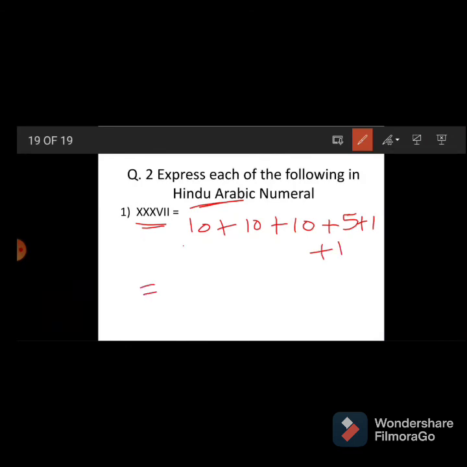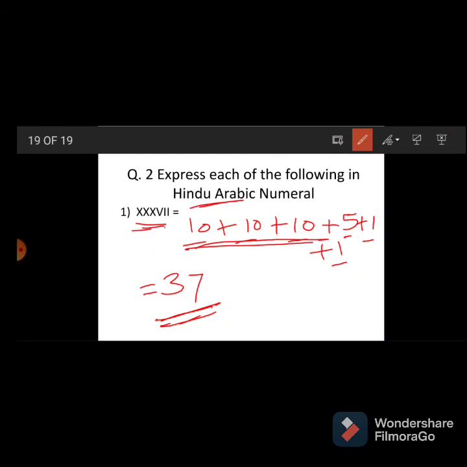It is 10 plus 10 plus 10, 30, 35, 36, 37. XXXVII means 37. But students, don't forget to write it clearly, in expanded form like this.